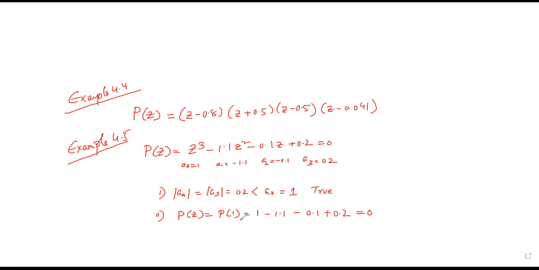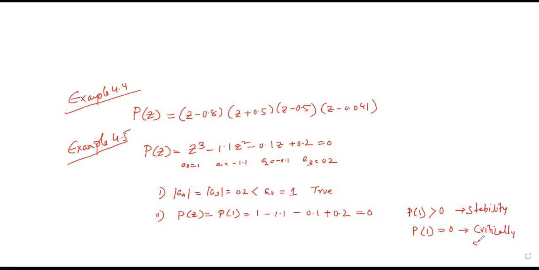Now we're in a dilemma, because what happens if P(z) equal to P1 equal to 0? Our condition was that P1 has to be greater than 0, but we see that P1 is equal to 0. And this is a condition for stability. At best we can say that it is critically stable.